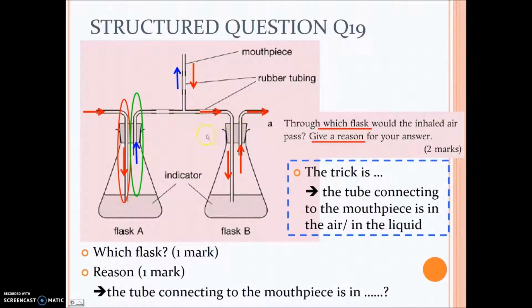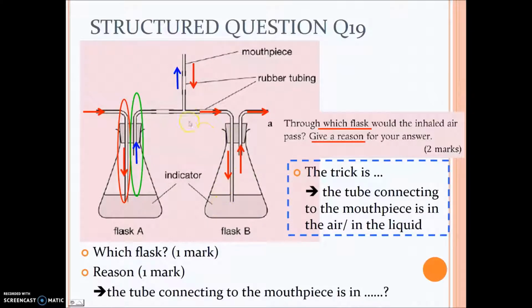For this setup, I want you to focus on the right hand side first, and there are two tubes. One tube is in the water and the other tube is in the air. The ending of this tube is immersed in the water.